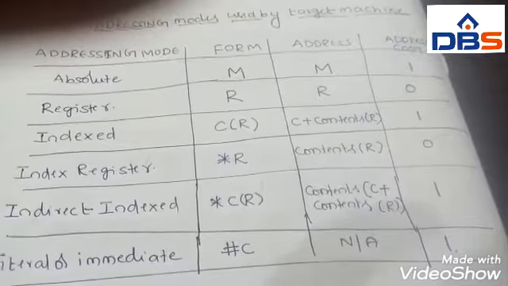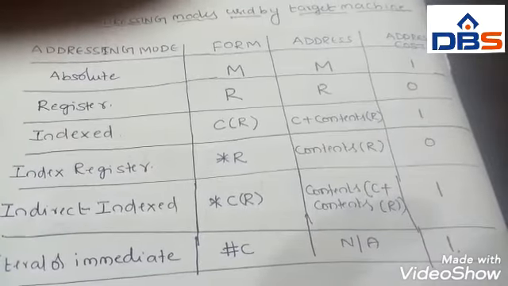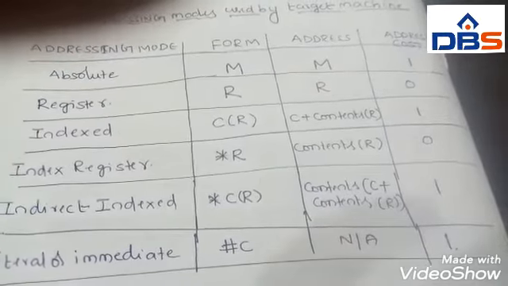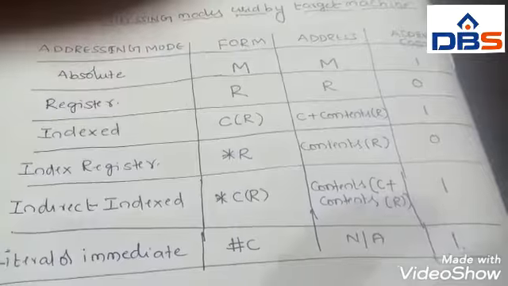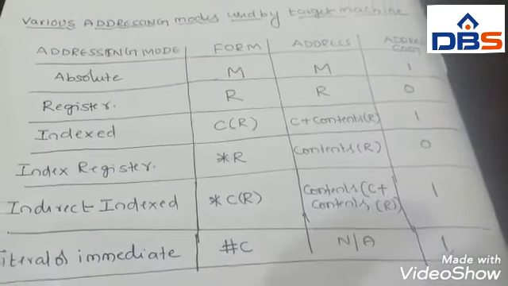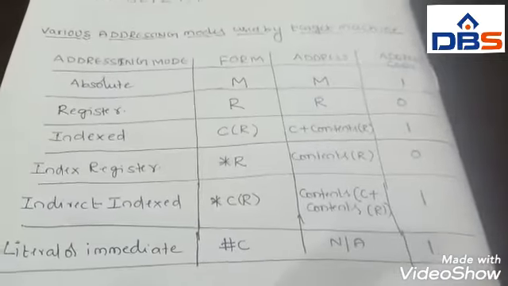For register, the form is R, the address is R, and the address cost is 0. Like this, each addressing mode, its form, address, and the corresponding address cost are mentioned in this table.